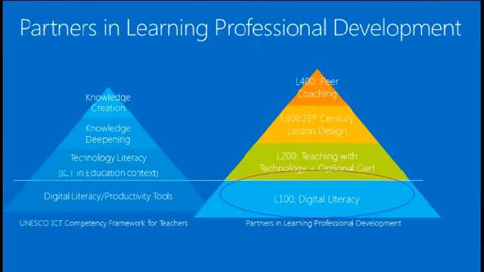The place on the competency framework that this falls is the level 100 digital literacy, but with the consolidation activities found in PILTrainer.com, it's reaching up into the technology literacy level and showing how those things actually get applied in the classroom.